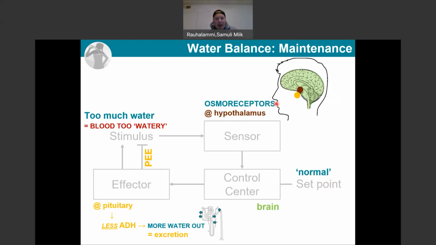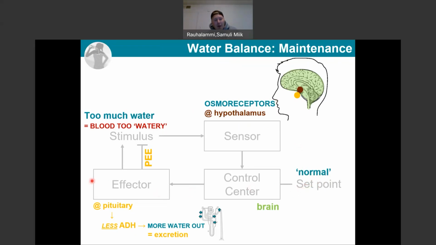So this is compared in the groups of cell bodies at the level of the hypothalamus, known as osmoreceptors. We're detecting that now there's too much water in the body. We're comparing it to what it should be at the level of the brain, and we act on it.